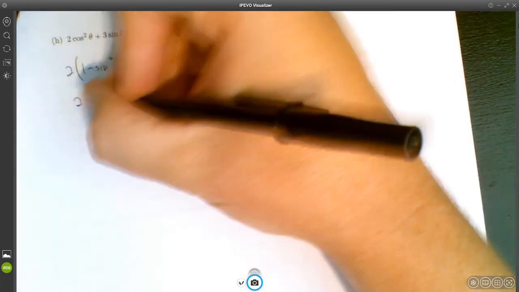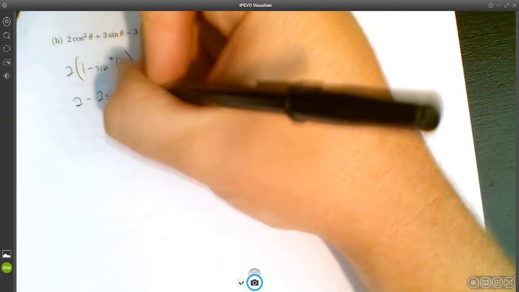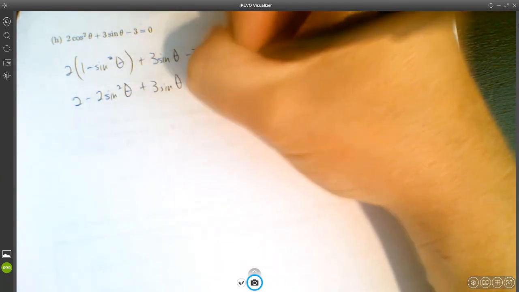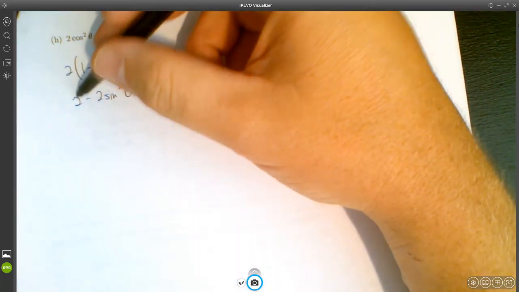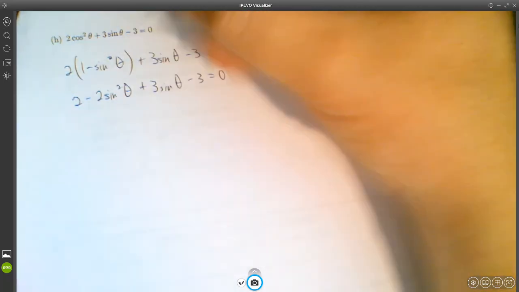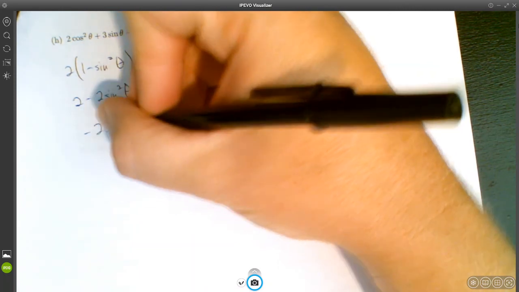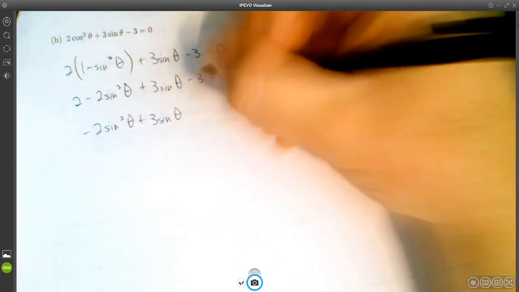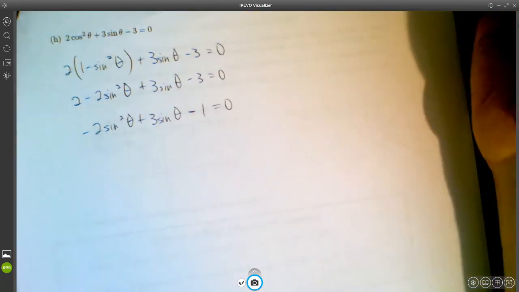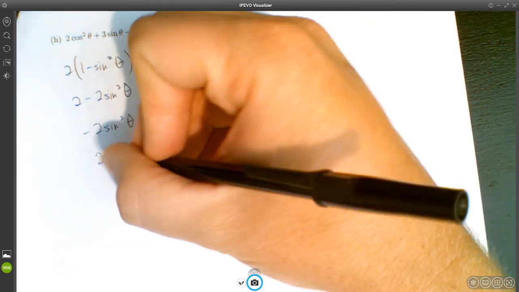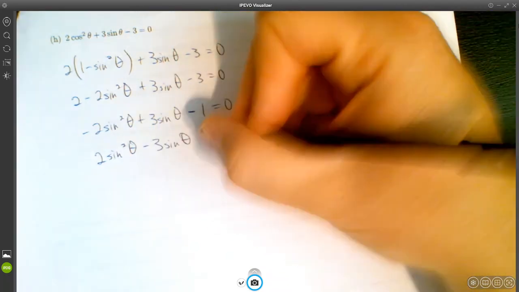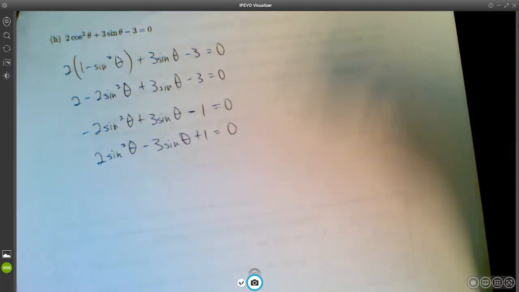So that's 2 minus 2 sine squared theta plus 3 sine theta minus 3 equals 0. 2 minus 3 is -1, so I'm going to have -2 sine squared theta plus 3 sine theta minus 1 equals 0. And then I'm also going to just multiply through by a -1 so that my leading coefficient is positive. It's just easier for me to factor this way.